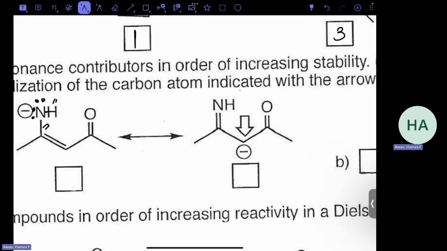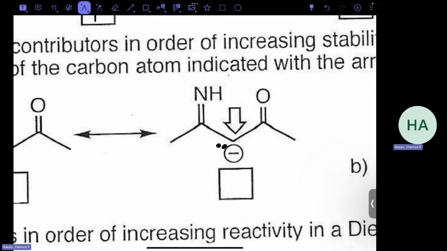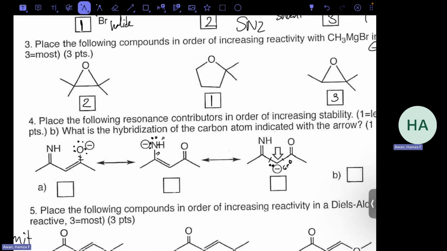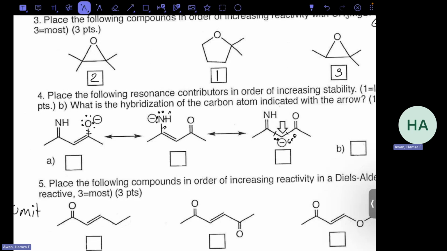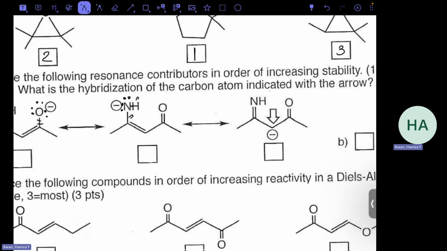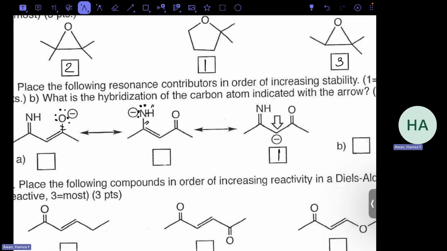But this carbon only has 1 lone pair, and with the 2 bonds, this only has 6 electrons. So it does not complete our octet rule, and because of that, it's immediately going to be our least stable resonance contributor.